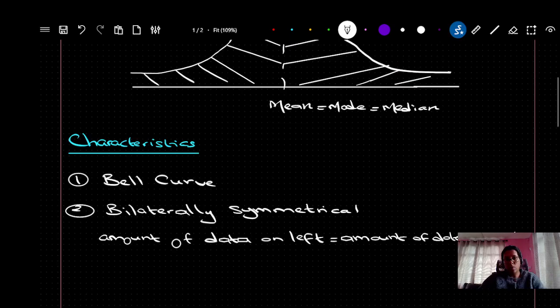So you have the same quantity of data from left and right. This is another characteristic.